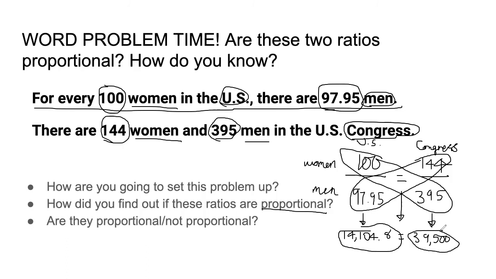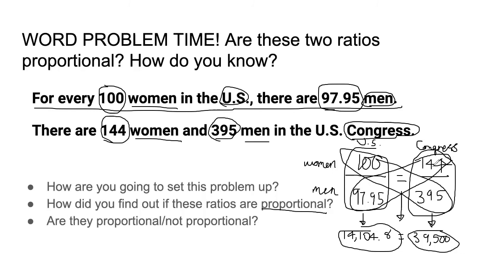So why is this important? Why does this matter at all? Here's why, okay? In the US, we have about the same amount of women to men. It's about even. It's very close to even. But in Congress, there are significantly fewer women than men. So what this tells us is that there's unfairness going on. Women aren't being represented fairly in Congress.